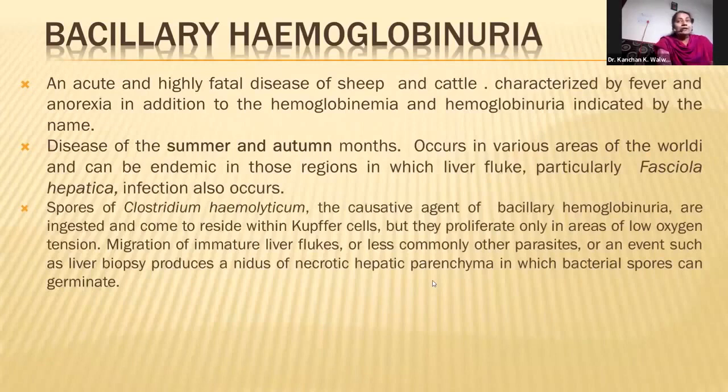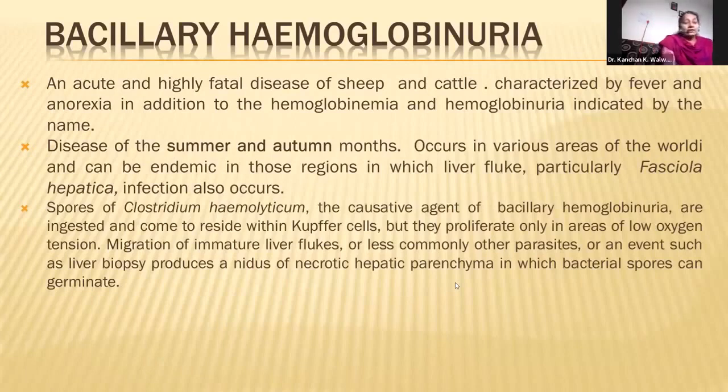There are many factors which cause hemoglobinuria. One important diagnostic factor in bacillary hemoglobinuria is the season. Actually, it is more common in summer and autumn, and this is particularly seen at the time when the fluke population is more in the animals.